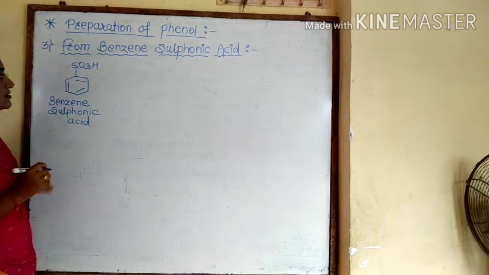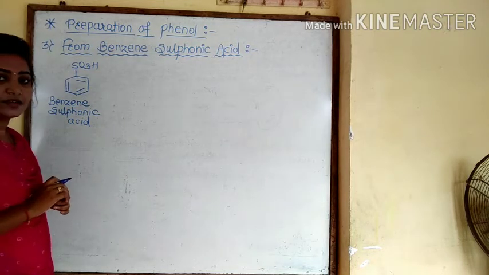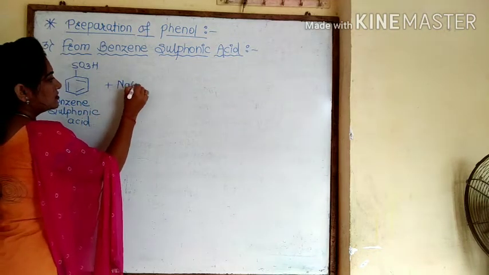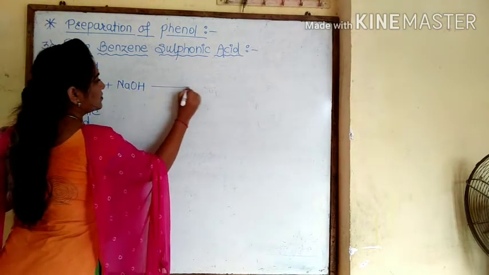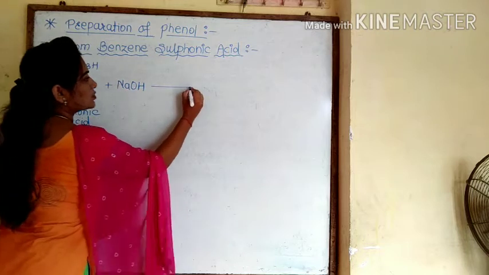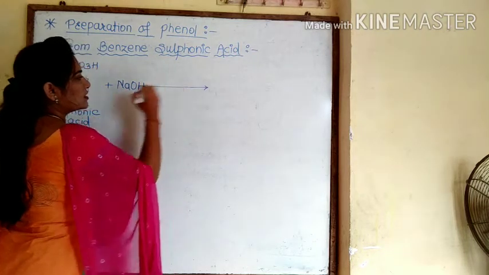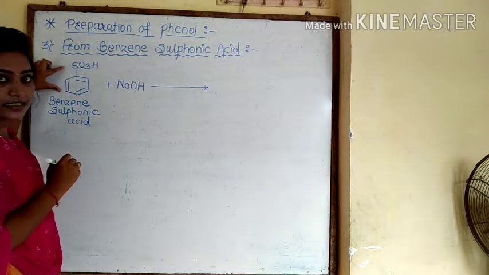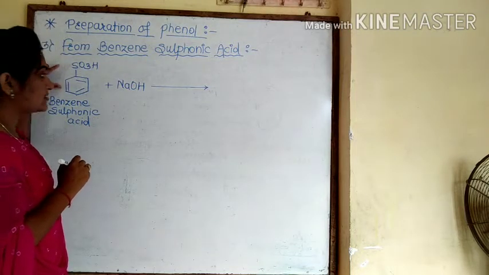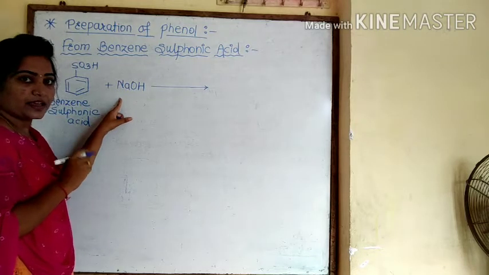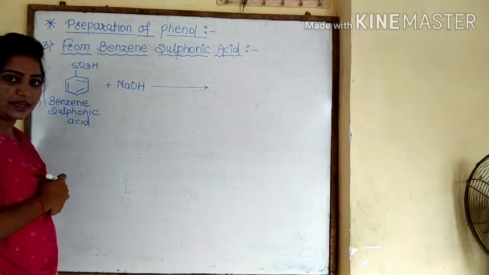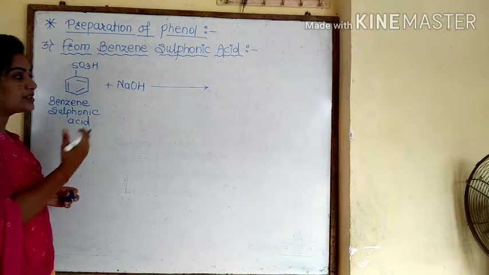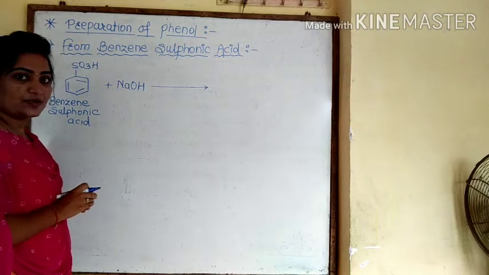When this benzene sulfonic acid reacts with NaOH, sodium hydroxide, it undergoes a neutralization reaction. Because it is an acid, when any acid reacts with a base, it undergoes neutralization reaction, giving formation of salt and water molecule.